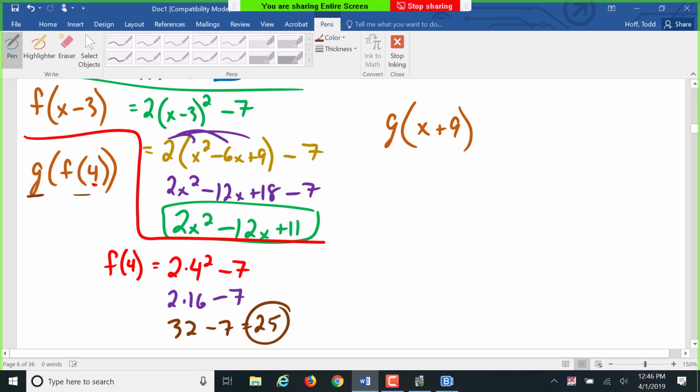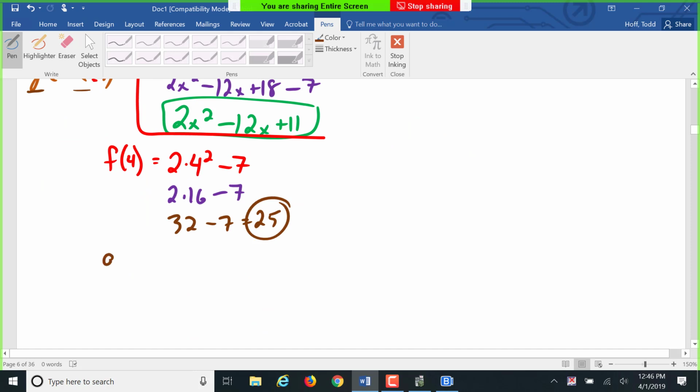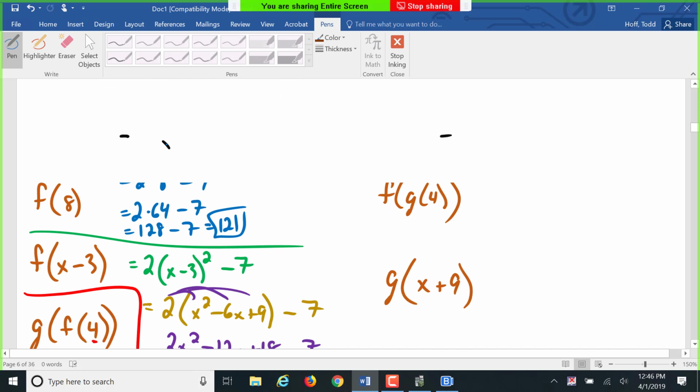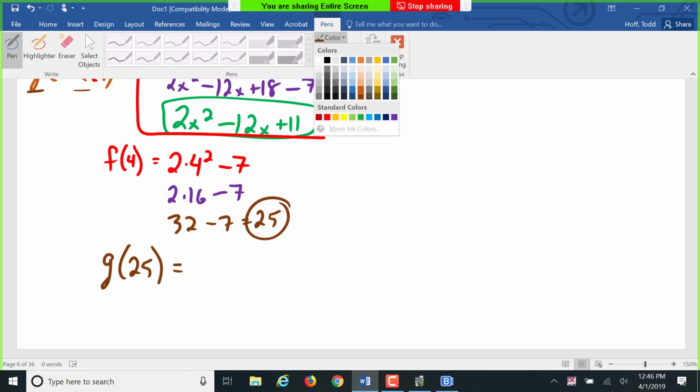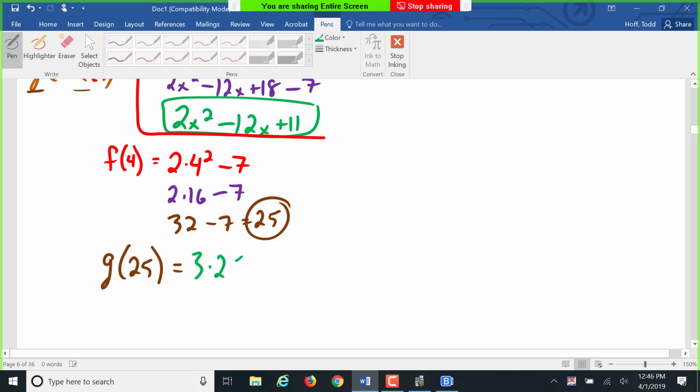So g of f of 4 is really g of 25. Well, g is 3x plus 5, so g of 25 is 3 times 25 plus 5. 3 times 25 is 75, plus 5 is 80. So g of f of 4 is 80. Any questions on that one?